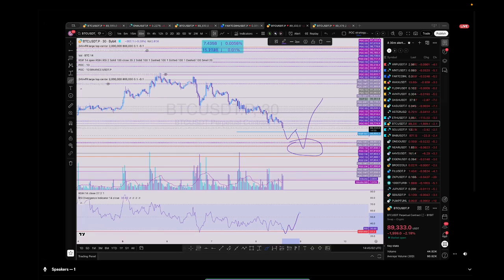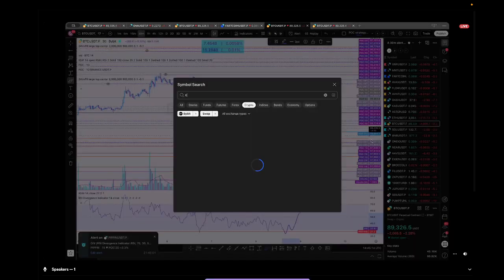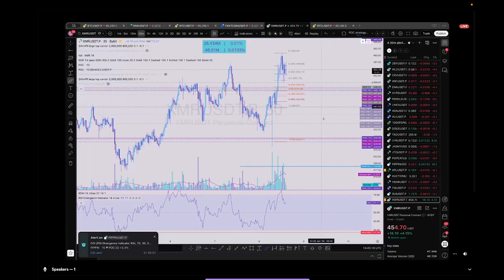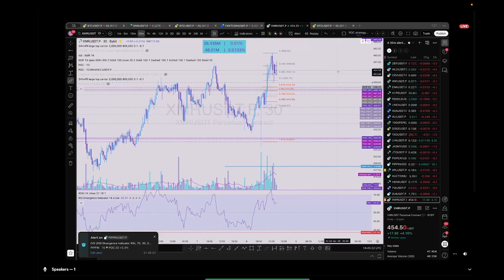Okay. So yes, even cat bounces if drop away. Allora, XMR. XMR is going good, as you can see.